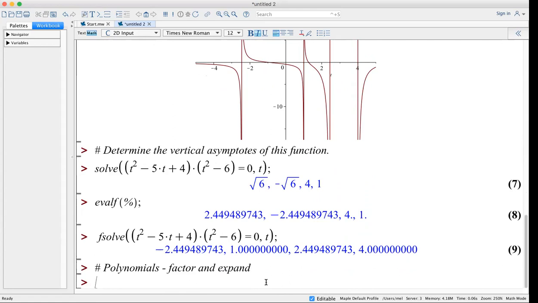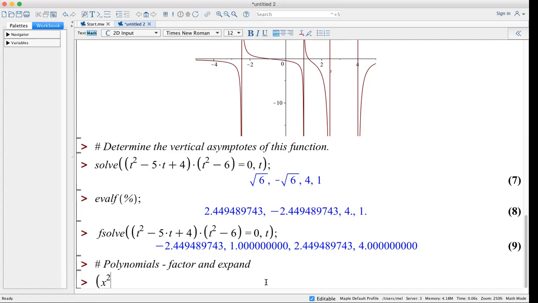So if we have a polynomial like, say, a product of polynomials, well, here's a polynomial. If we want to factor it, the command is factor.